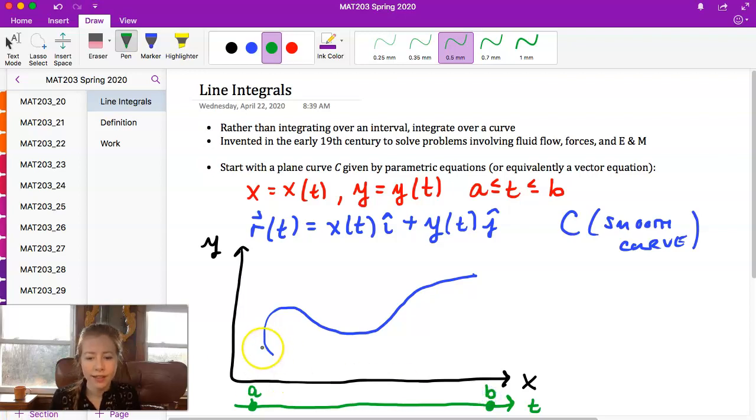So let's say at time A, that's going to be my initial position. That's where I'm starting. And so this is my starting point. And let's say then that there's going to be a current, and the current is going to be going off in this direction.